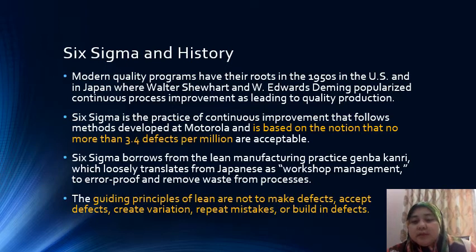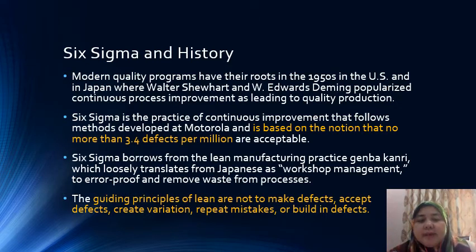It's rooted in the US in the 1950s, and of course in Japan, where it was popularized by Sherwood dengan Deming ni, as a technique for continuous process improvement that leads to quality production. So it's some sort of quality framework as well.